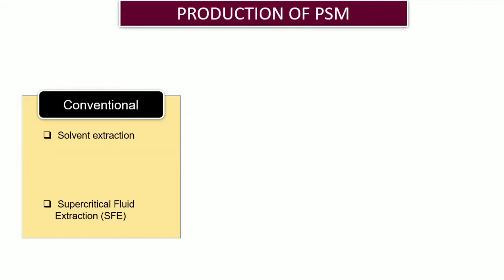For instance, we use ethanol to extract intracellular ingredients from plant material. Methods for solvent extraction are maceration, decoction, percolation, and Soxhlet extraction.